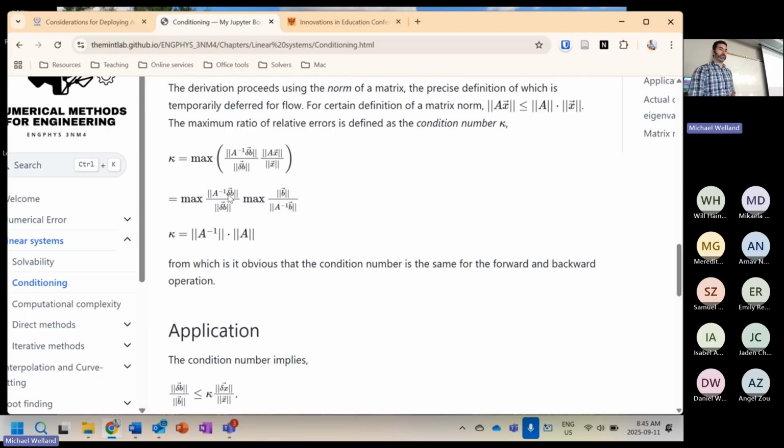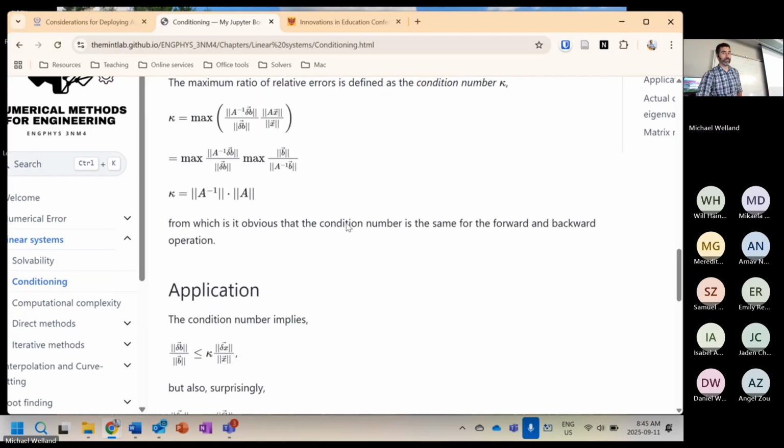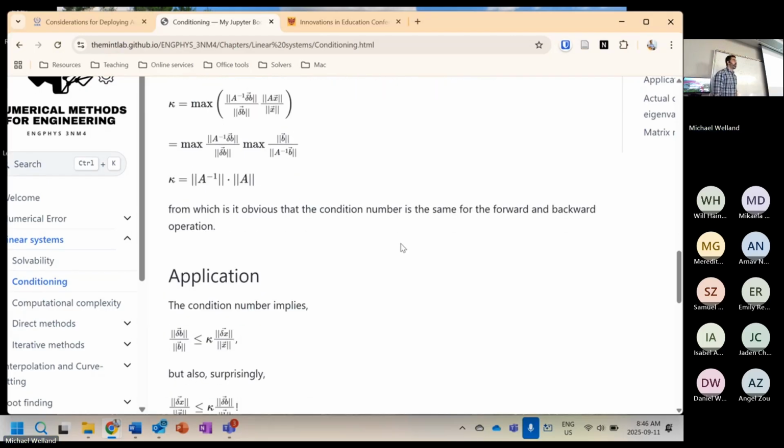We split this up, and it becomes the norm of A inverse times the norm of B. That norm of B cancels with the other norm of B, and all we're left with is the norm of the matrix inverse times the norm of the matrix itself.